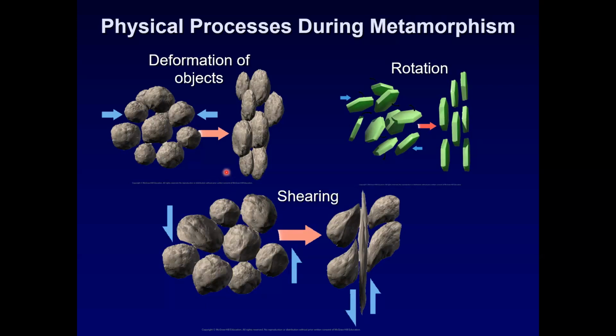You can have shearing, which aligns or stretches out previously unoriented crystals. You can also have small scale folding. If layered rocks are compressed, they generally will fold. Or you could just have fracturing, where parts of rocks can fracture before or during metamorphism.